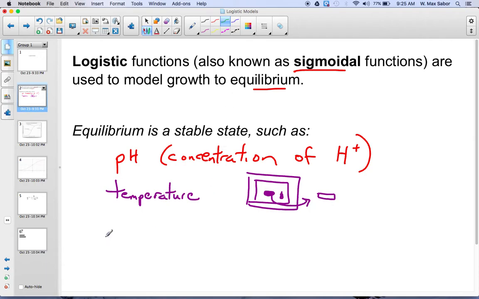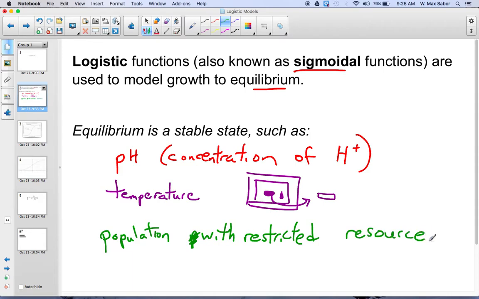And a third thing would be something like a population with predator-prey or resource management. Population with restricted resources. So let's say that the current field in some location can only feed 100 ducks.